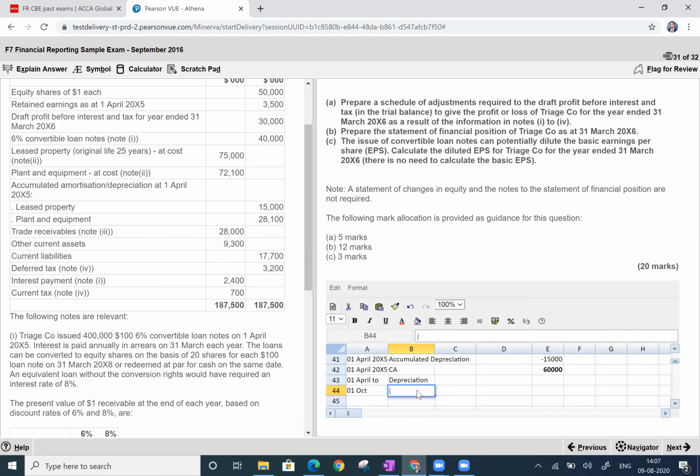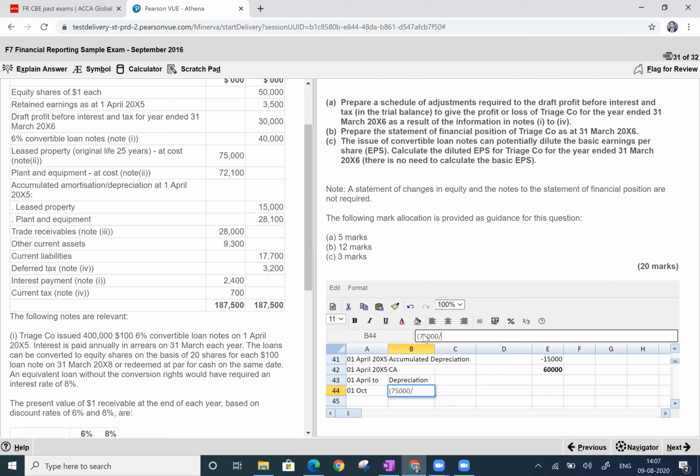So should you divide 60,000 or 75,000? 75,000. Why? Straight line method. In straight line method, you have to calculate depreciation on cost. 60,000 is the carrying amount. I'm very happy none of the students have committed any mistake. Everyone has stated 75,000.